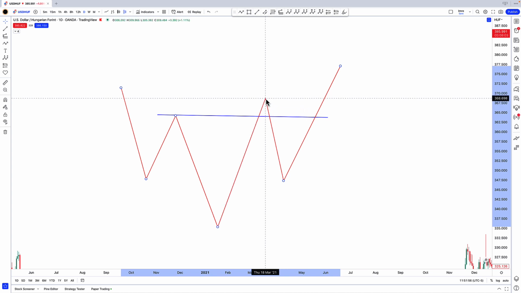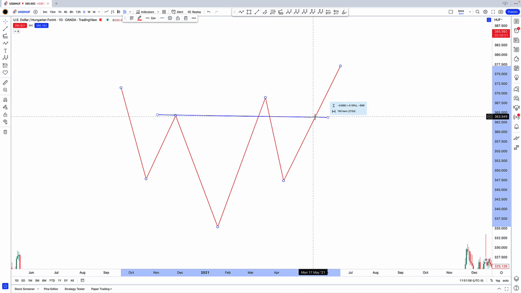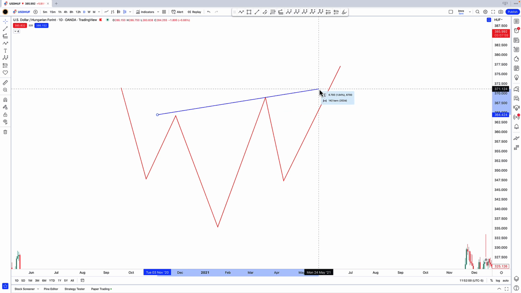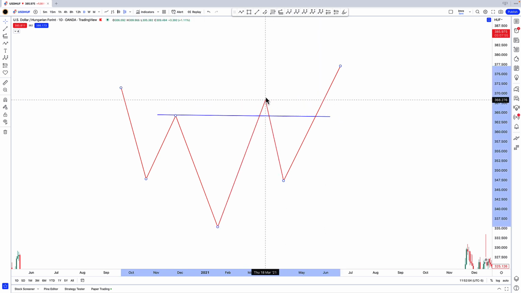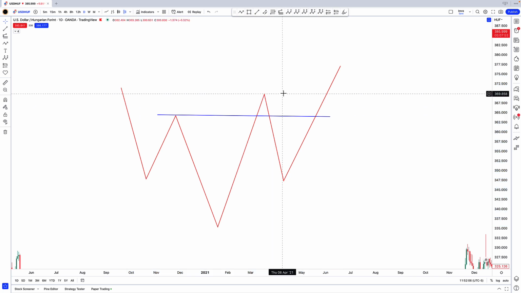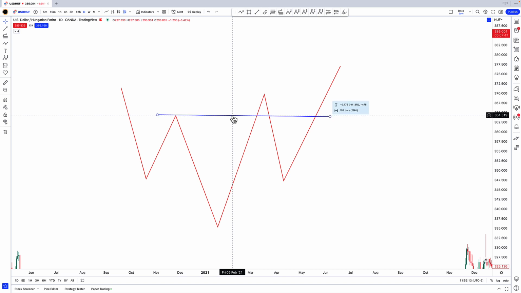So instead of making a proper right shoulder with a proper neckline, you see now our neckline sloping up, we broke to new highs. To me, this actually invalidates the head and shoulders pattern. It doesn't mean the market's not going to go higher, but to me, this is more of a classic bullish power reversal that we covered very well in our Maverick curriculum versus a proper head and shoulders pattern.